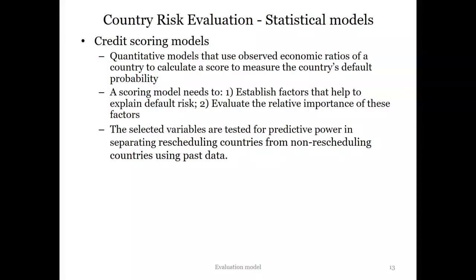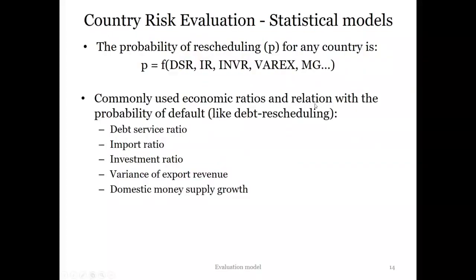So if they have some country-level data, they can use those data to come up with an estimation by themselves. So essentially, the whole thing is exactly the same as what we've talked about before, the credit scoring model, right? So essentially, we run regression using several factors.